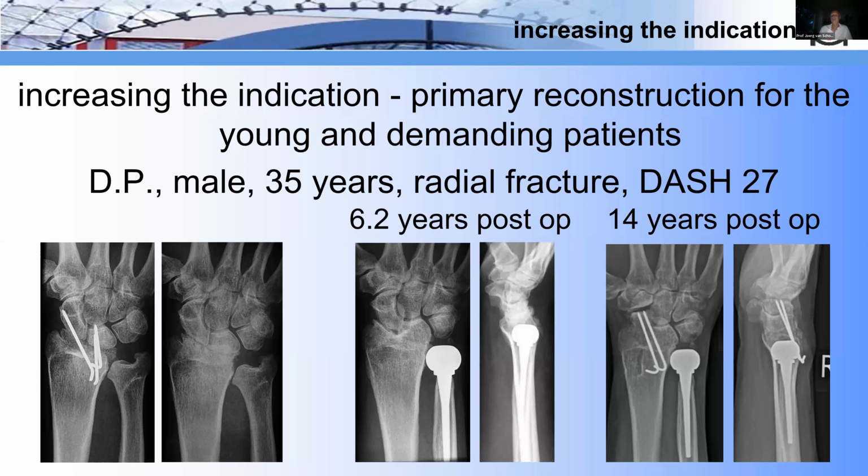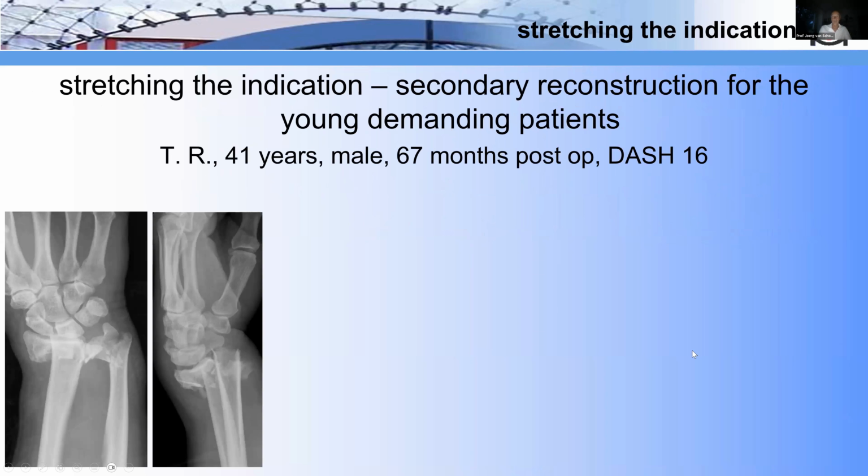And we actually did see 14 years following that operation a very, very good clinical result and a very sufficient DASH. This is only one example I want to show you that, if you have success with the procedure, you sometimes increase the indications more and more.